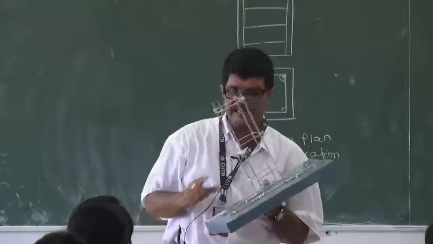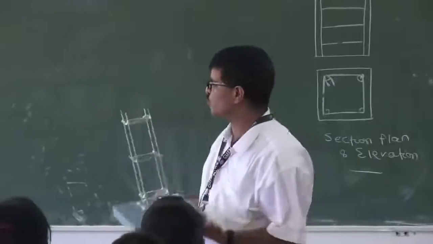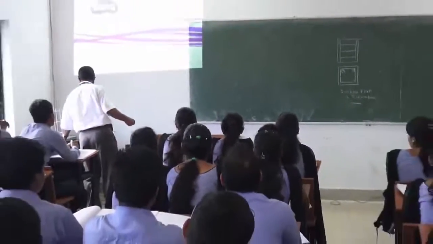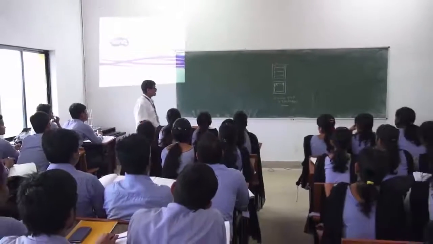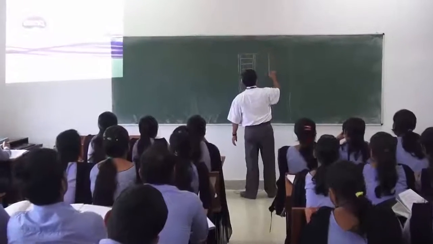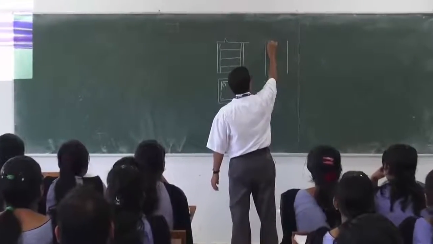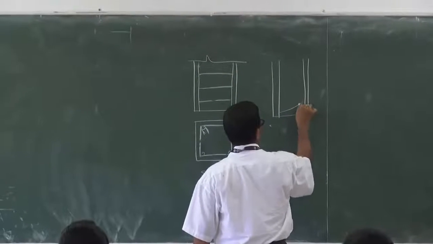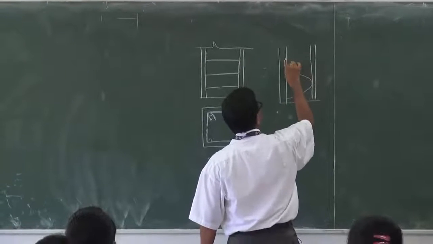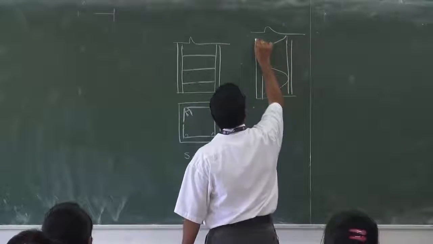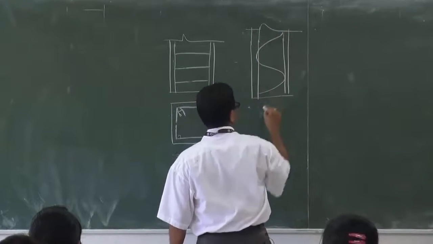So these are generally lateral ties. Sometimes you can also use helical ties, or spirals, like this. So these are the helix or helical reinforcement.